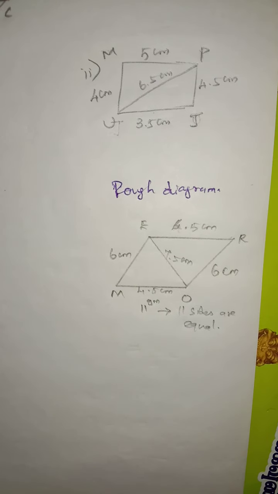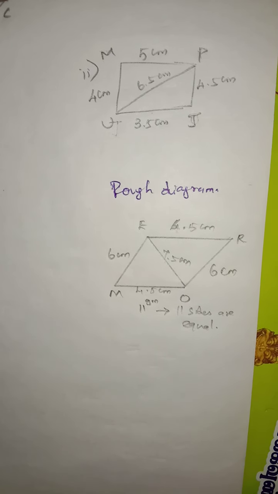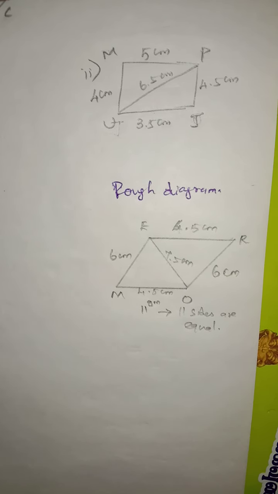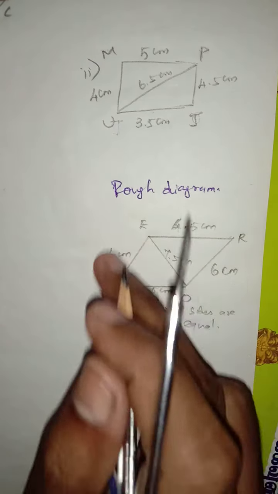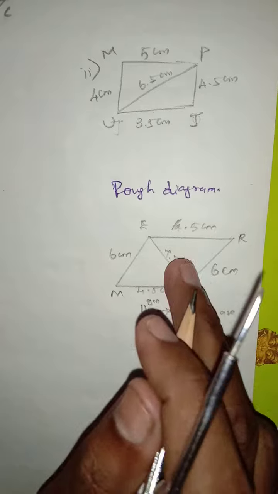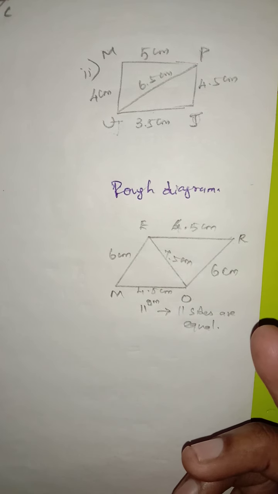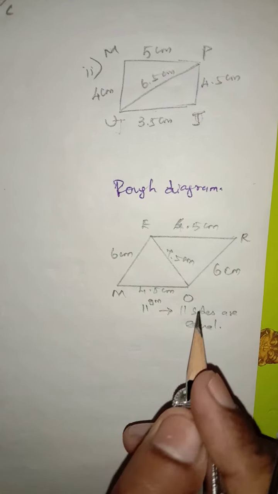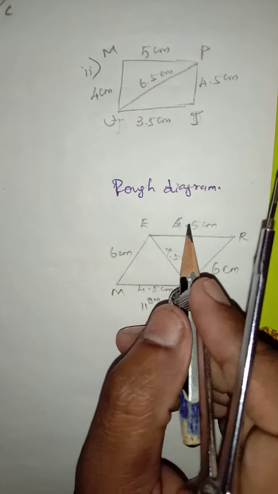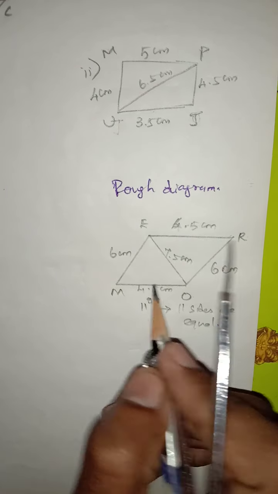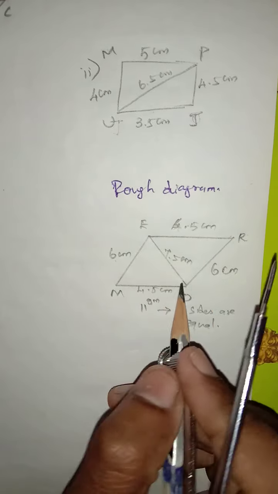As I told you earlier, to construct a quadrilateral, minimum we need 4 sides and 1 diagonal, or 2 diagonals and 3 sides. Here 1 diagonal and 4 sides. Only 3 values are given in the question, but don't get confused. Since it is a parallelogram, opposite sides are parallel and equal. So if this is 4.5, this is also 4.5. If this is 6, this is also 6, and 1 diagonal.